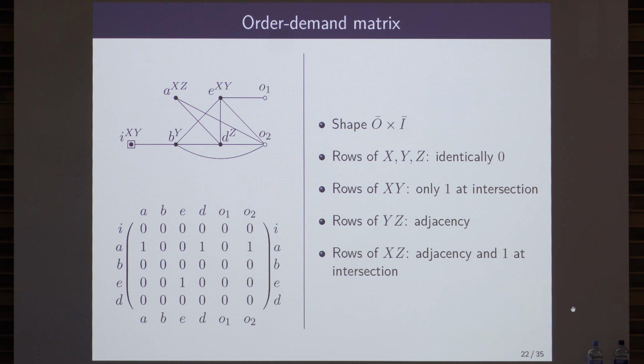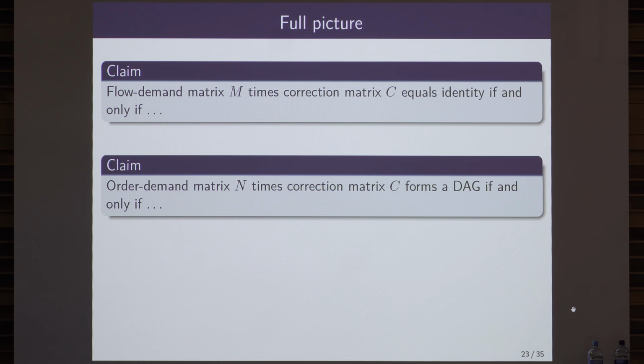This is another matrix that would arise in a similar fashion. We would again construct it in terms of rows. And I don't want to spend any time on this construction, just that some construction exists that allows us to get to the following picture, or algebraic interpretation, as we call it in the paper, where first we saw that M times C must be equal to identity, and now the condition is that N, the order demand matrix, times the correction matrix must necessarily form a directed acyclic graph.